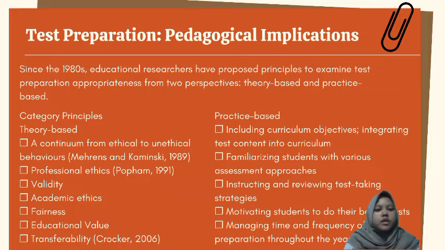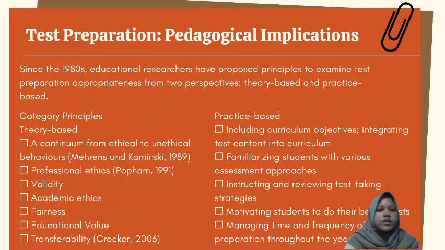The principles of the theory base: first, a continuum from ethical to unethical behavior, which means applying an evaluative continuum to test preparation activities ranging from ethical to unethical behaviors. Second, professional ethic, creating a set of specific standards for evaluating the appropriateness of these activities in terms of professional ethic.